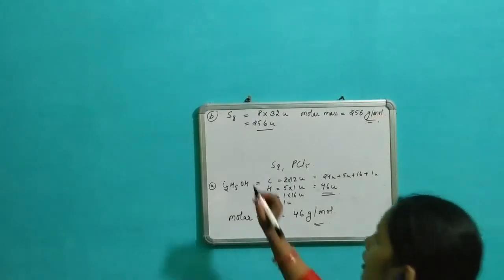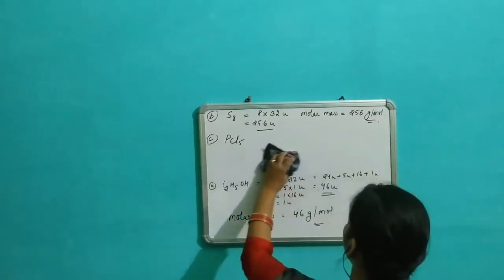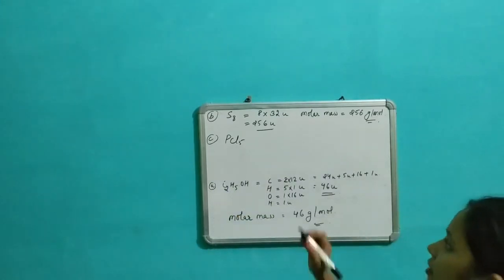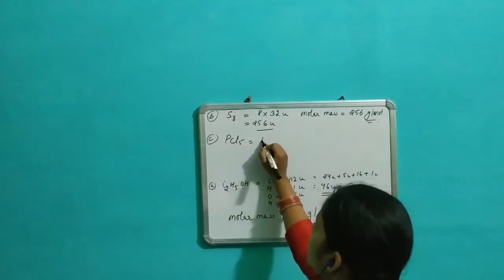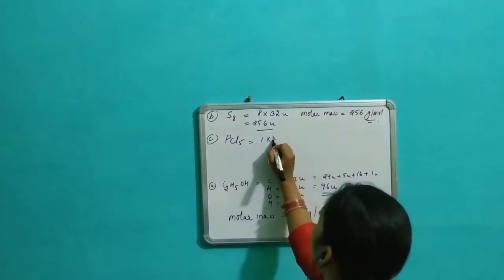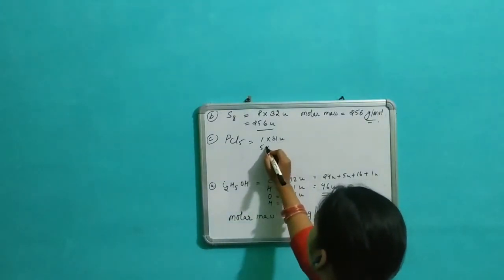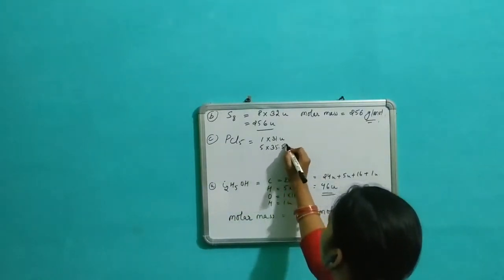Alright, then the last one is PCl5. If you want to calculate PCl5, we have 1 phosphorus. Phosphorus atomic mass is 31 and chlorine is 35.5. So 5 atoms of chlorine.